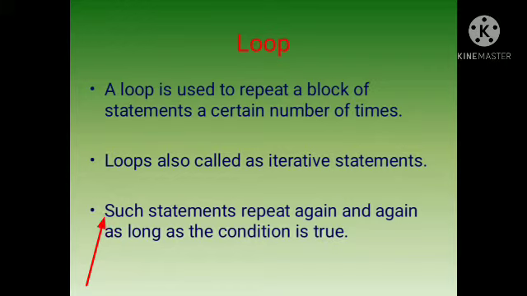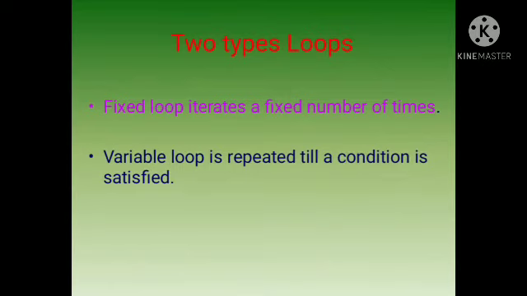Such statements repeat again and again as long as the condition is true. Whatever condition we are giving in a loop, when the condition is true, then that loop gets executed again and again. The condition gets checked, and when it comes true, it means the condition is satisfied.